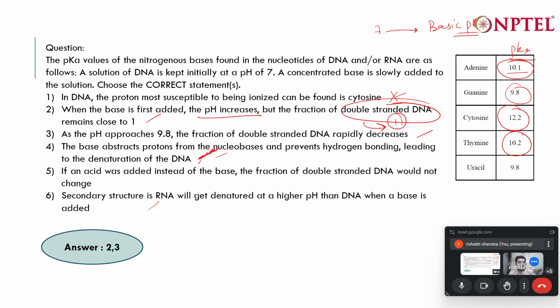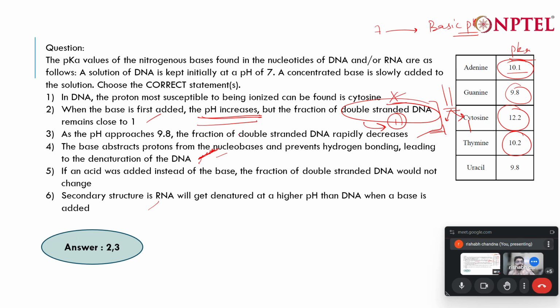So the DNA will not denature at this point of time. What this statement is trying to say is the DNA will be in a double stranded form and it will not denature. Both the strands will not separate out immediately, although the pH is increasing.